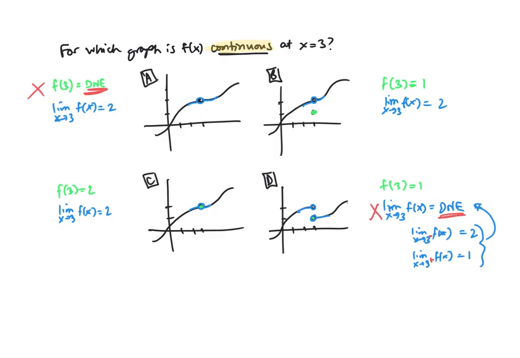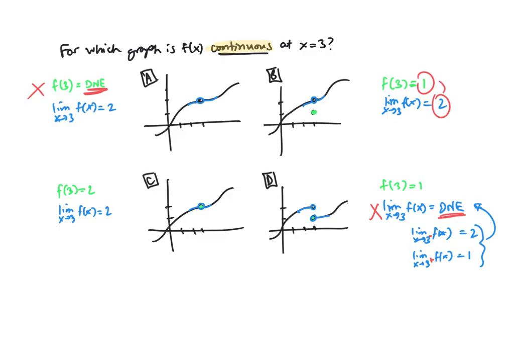But B, I think, is a very interesting case because B, so far, looks very similar to C. We have a value and we have a limit. So if C is the only continuous one, what's the difference here? And I know that you guys are observant mathematicians and you're noticing, oh wait, we've got two different y values for our functional value and our limit, and conceptually that is causing a break in continuity.